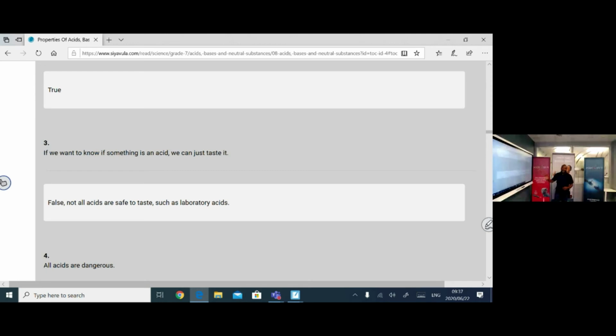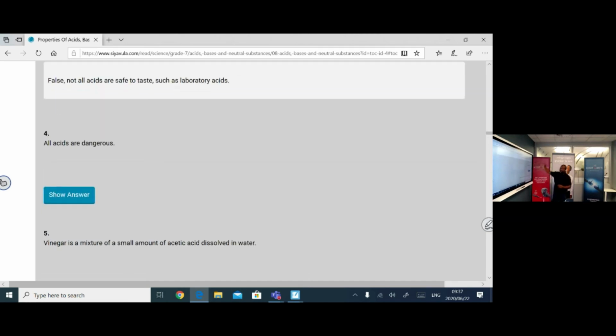The answer is no. Why? Because not all acid-containing substances are safe to be put in our mouth. Some are not. So we can't test everything. For example, laboratory acids, we can't test them.